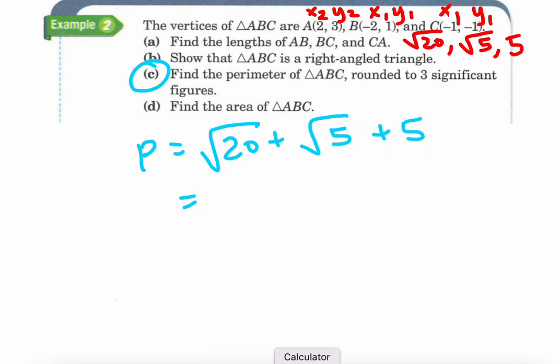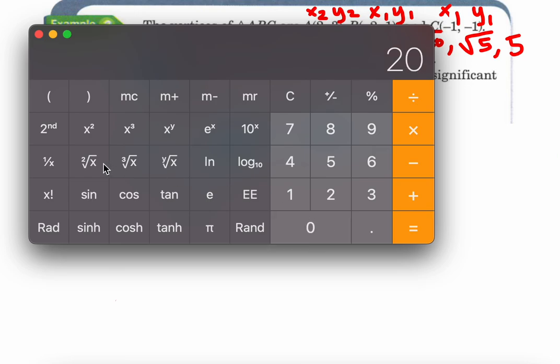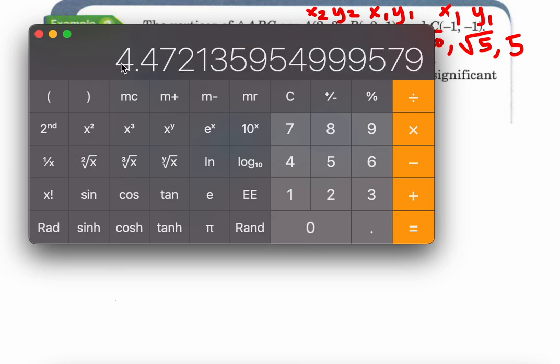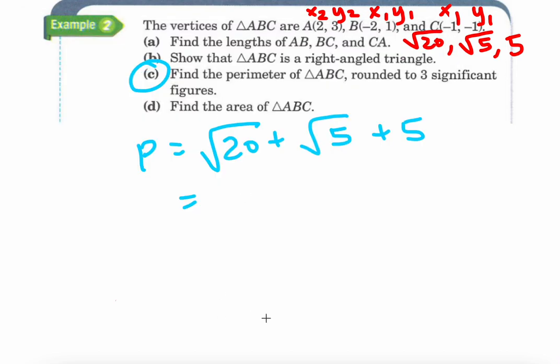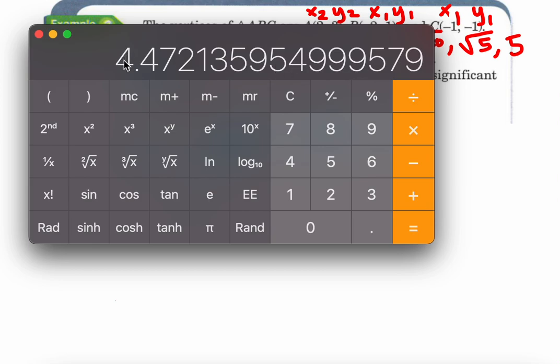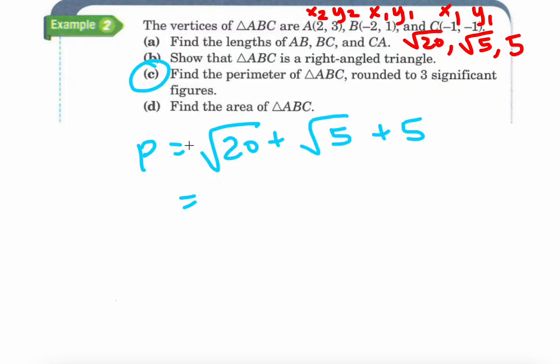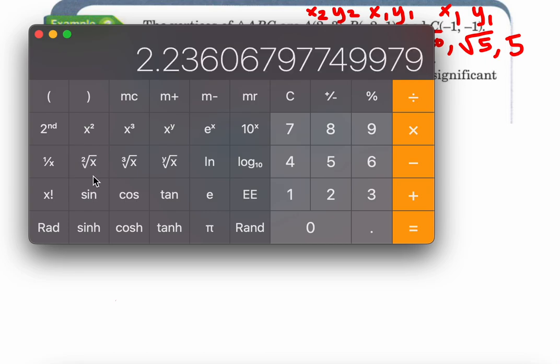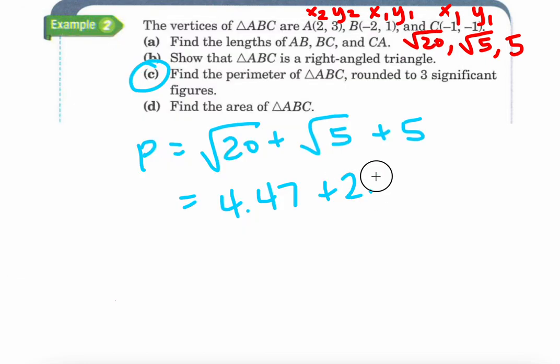Square root of 20 is 4.47. They said 3 significant figures, so 3 figures. Square root of 20, 4.47, 3 significant figures, plus my square root of 5, 2.24, plus 5.